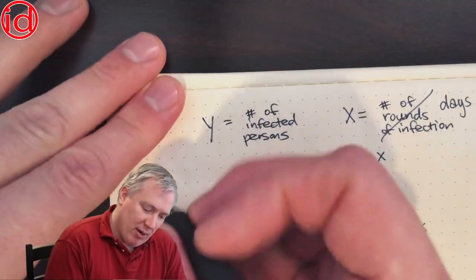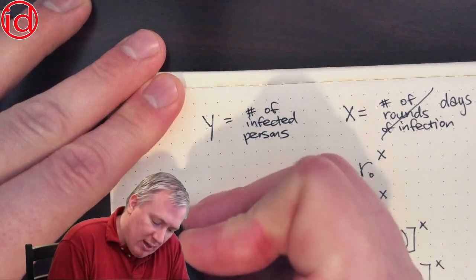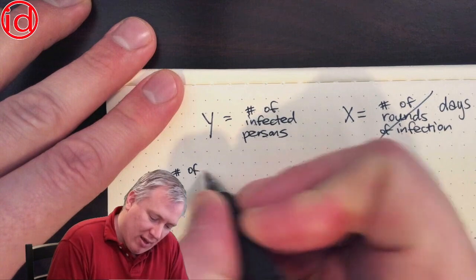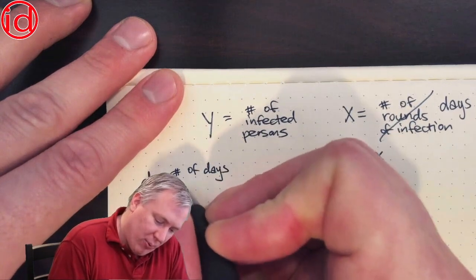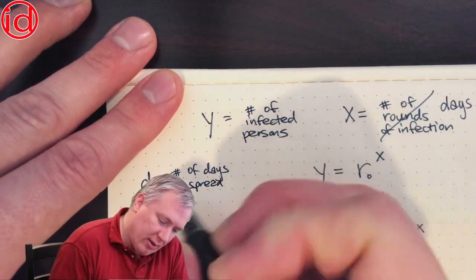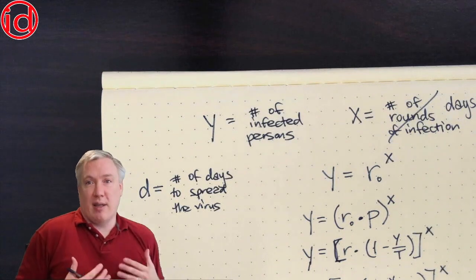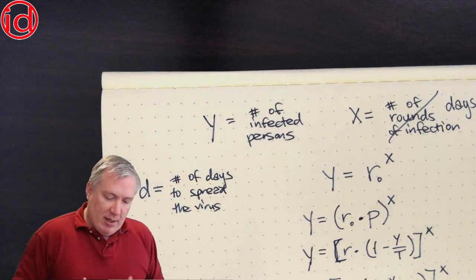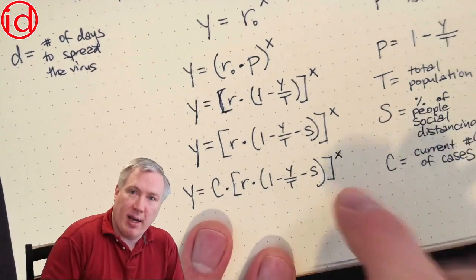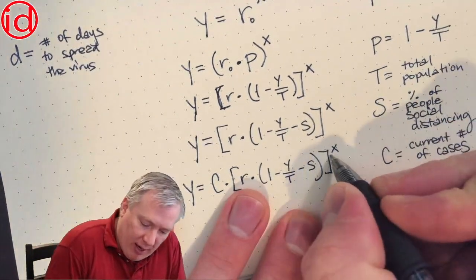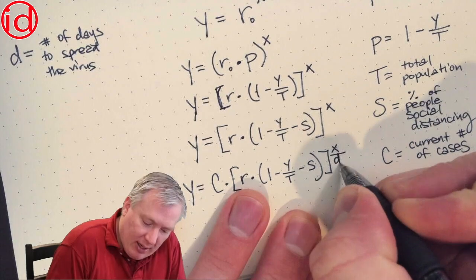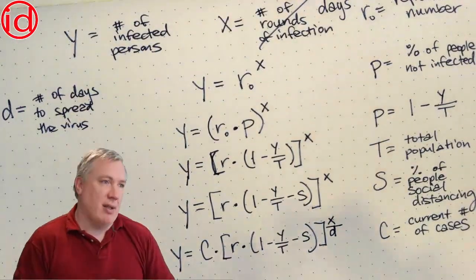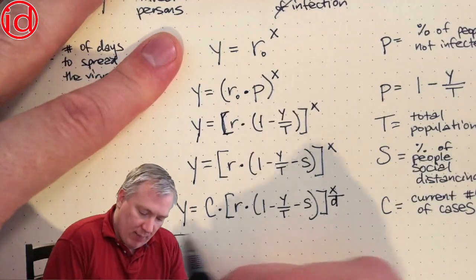And so now I'm going to bring in a new thing, and this will be our last one, I promise. And this is the number of days to spread the virus. In other words, how many days does it take to get sick and to spread the virus? And so what we're going to do is take our x here, and divide it by however many days that takes on average. And then now x can represent days, and this equation is completed.